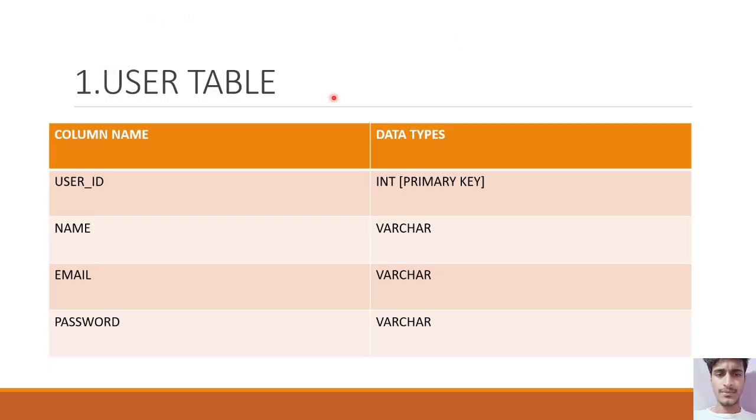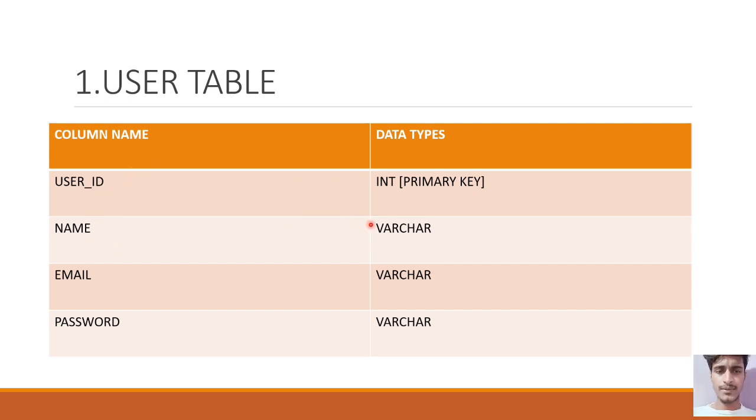So this is the user table. These are the column names and data types. For user ID, I have created int data type, since user ID is a number type of value. For uniquely identifying IDs, we use primary keys. Next, name.